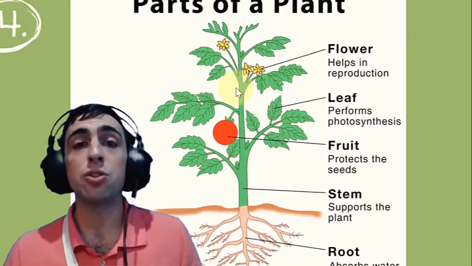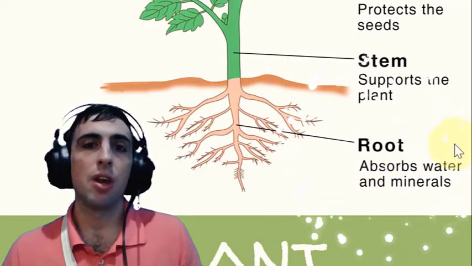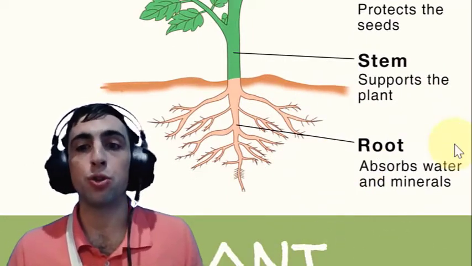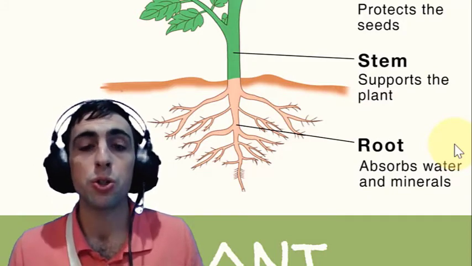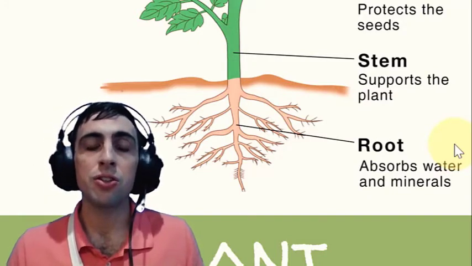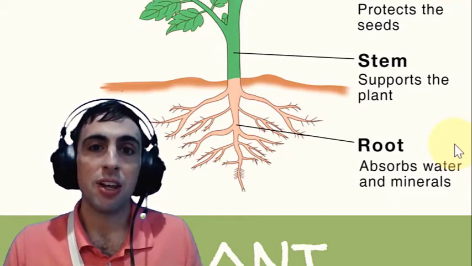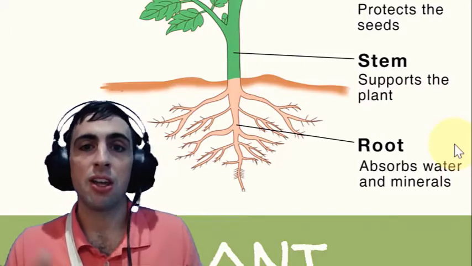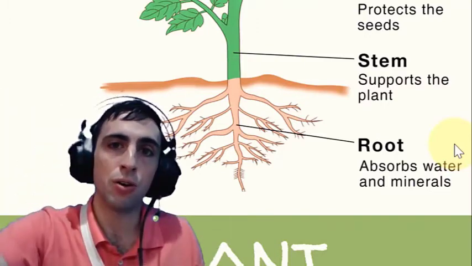And that leads us to our last part of the plant, the roots. The roots absorb water and minerals or nutrients. They also keep the plant in the ground. It's very strong. That's why when the wind blows, the plant doesn't just fall over.